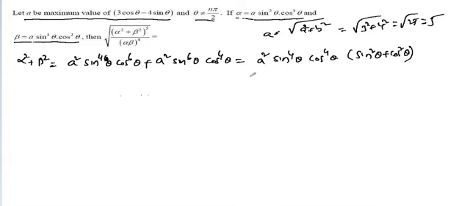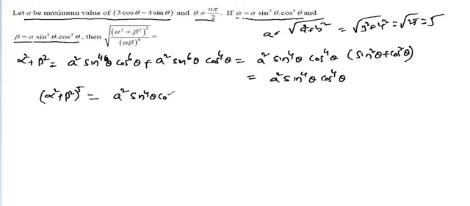Sin square theta plus cos square theta is 1, that is a square sin power 4 theta cos power 4 theta. Now (alpha square plus beta square) whole to the power of 5 is equal to (a square sin power 4 theta cos power 4 theta) whole to the power of 5, that is equal to (a sin square theta cos square theta) whole power 10.